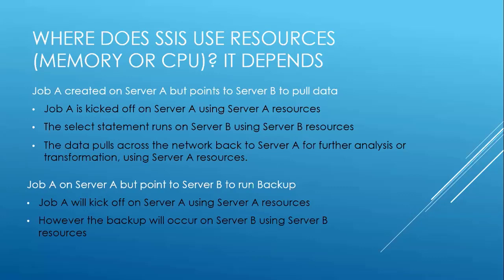But the finish of the job is back to server 1 again. So it depends on what type of SSIS you are doing. Normally it's a select, bring it back, do some processing, and that means you need to add memory to the centralized server. But if your memory use is from backups and reindexing, then you need to add it to whichever server is lacking the resources.